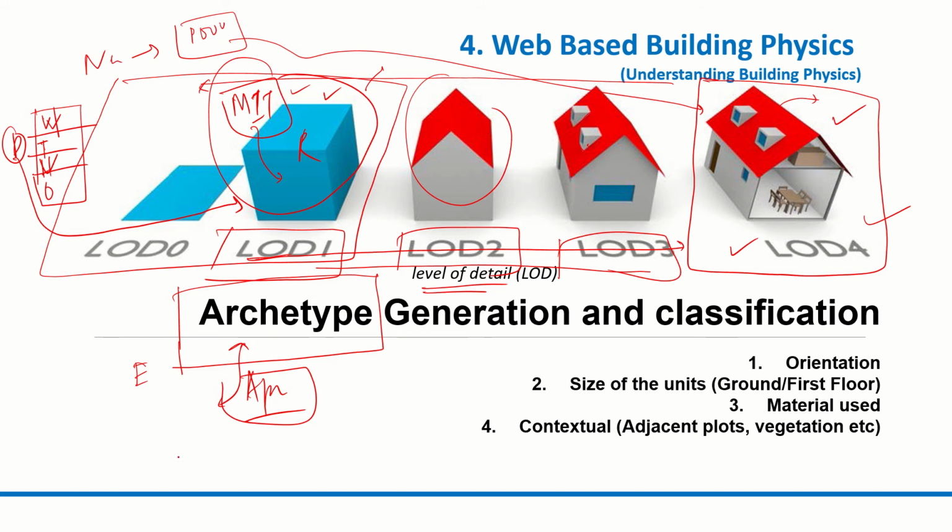Now the question is, in the beginning I said we are all familiar with architectural models. We do architectural renderings. Can we use that model for energy simulation? I said the answer is yes, and the answer is no also. The answer is yes, provided the model is acceptable in the energy simulation.